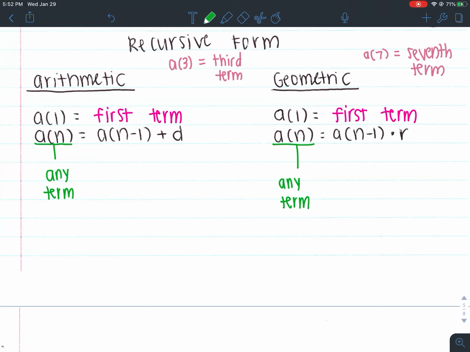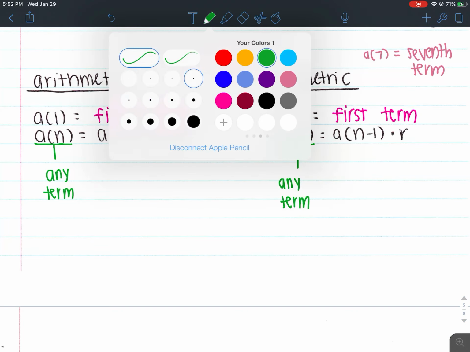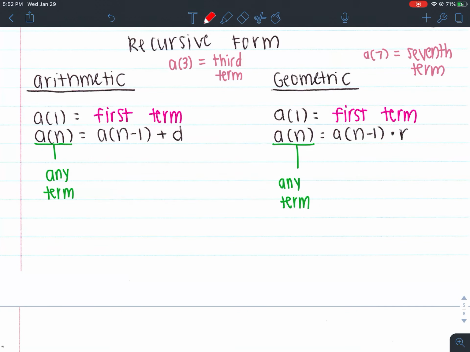Typically, it is the term we're looking for, but it could really be any term. n can be any number, right? I can have a of 7, a of 3, a of 15. So n can be any term, any number. Okay, well, here I have a of n minus 1, and I have a of n minus 1 in the geometric as well. This is the previous term.